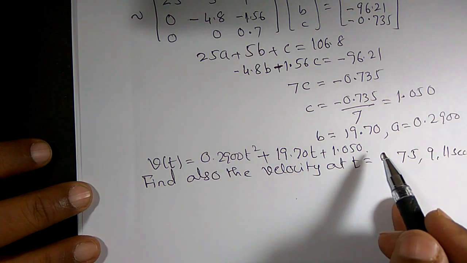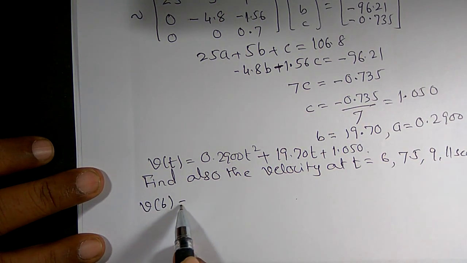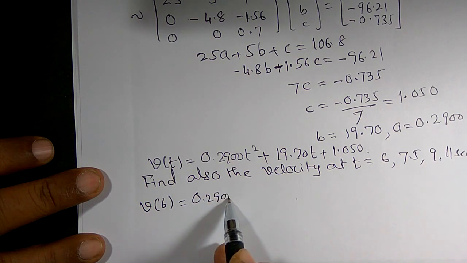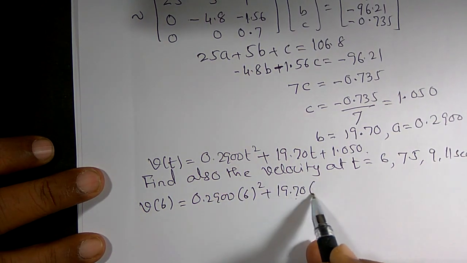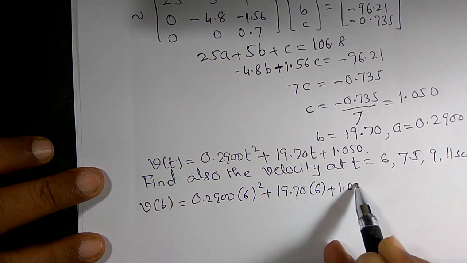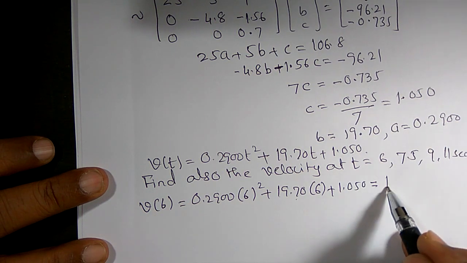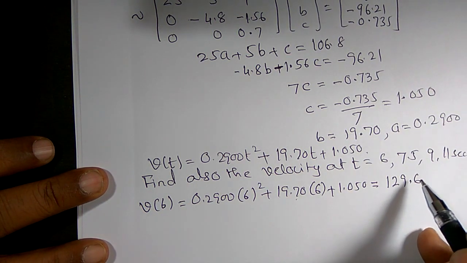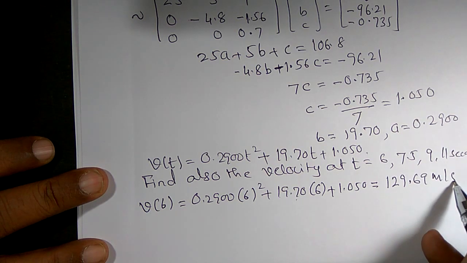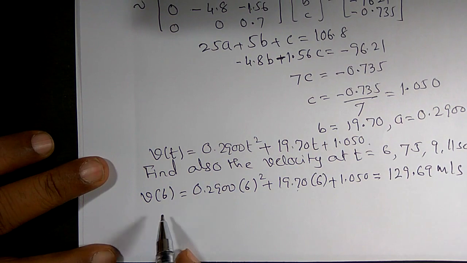Just now we have obtained the polynomial. In this polynomial, I want to replace t by 6. 0.2900 into 6 square, plus 19.70 into 6, plus 1.050, and I have to simplify. After simplification, I hope you'll get 129.69 meter per second as the velocity at time t equal to 6.